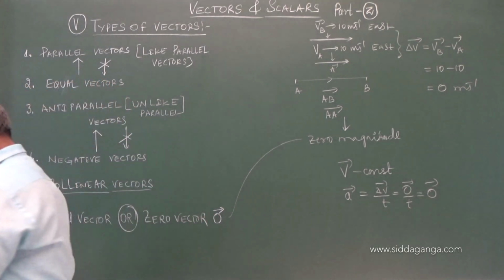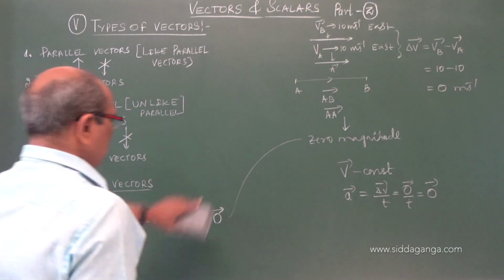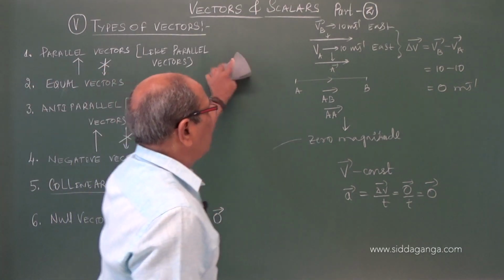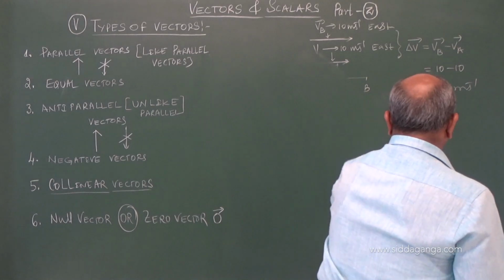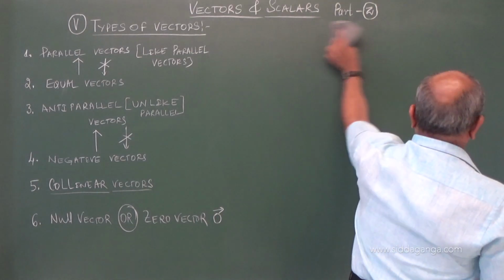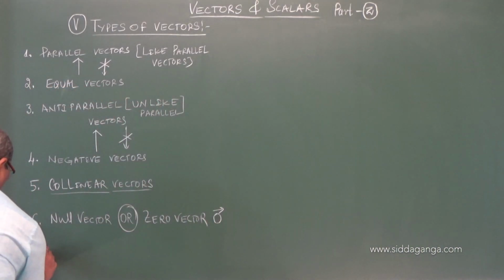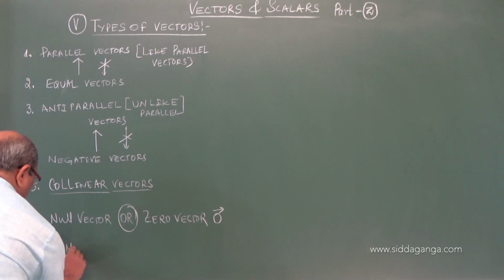Let's come to another vector. Coming to this as the seventh one, unequal vectors.